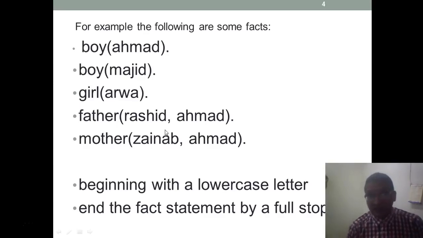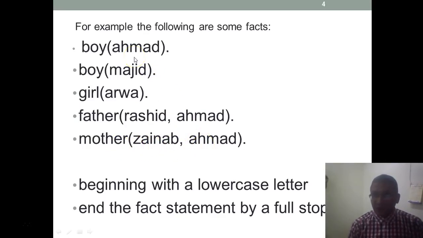Let us take an example of some facts. Boy Ahmed, boy Majid, girl Arwa. That means we have given the facts that Ahmed is a boy, Majid is a boy, Arwa is a girl. And then we have also given facts like father Rashid Ahmed, so you can say Rashid is the father of Ahmed, or Zainab is the mother of Ahmed.